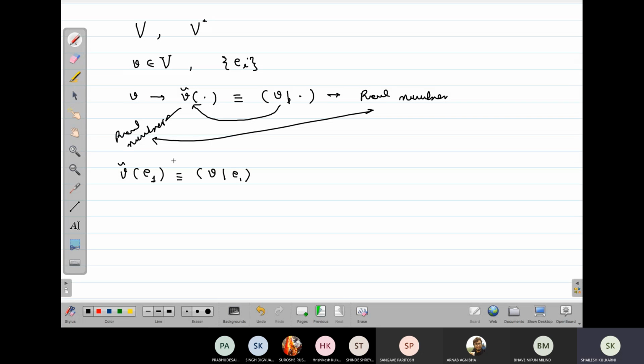If you don't have an inner product, then we will have vector spaces and their dual spaces, but there is no natural correspondence between V and V star. Given an inner product space, we have the natural association between vectors and dual vectors.